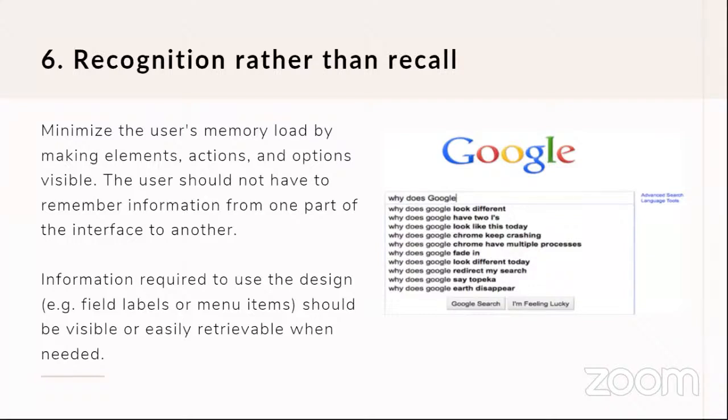Recognition rather than recall. So your system should be able to give them hints. If you use Google Chrome, even on your phone nowadays, when you put in a username and a password, Google will ask you to save the password. Why they are doing that is so that the next time you have to log in to that same website, you don't need to start typing your username and password from the beginning. That's basically what it is.